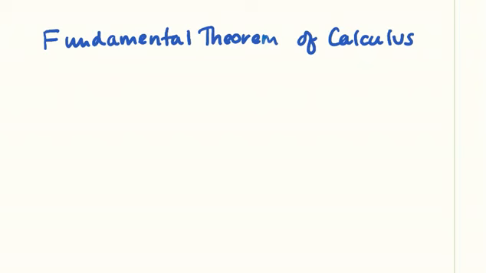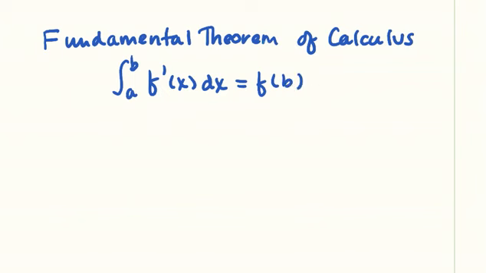We know that we take an integral, and for ease I'm going to make the integrand just the derivative. We take this by anti-differentiating, plugging in the top bound, plugging in the bottom bound, and subtracting. But today we're going to look at this a little differently.